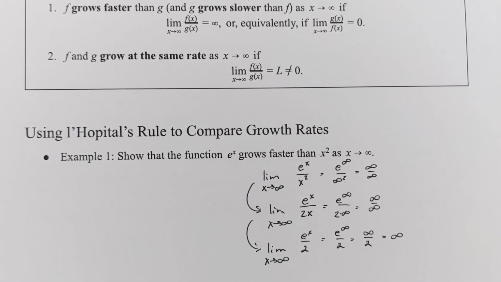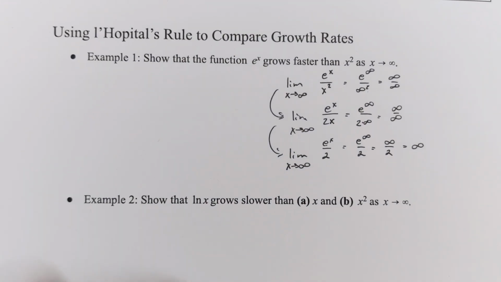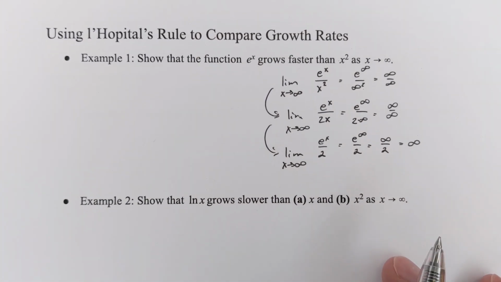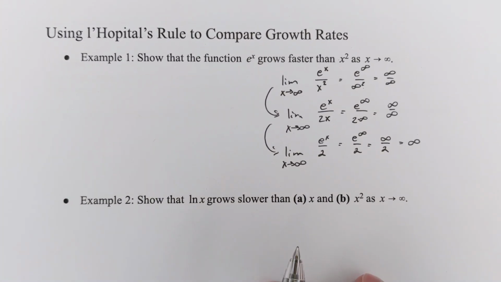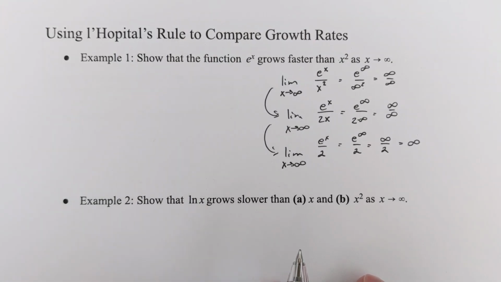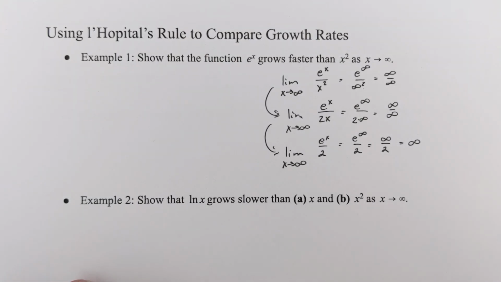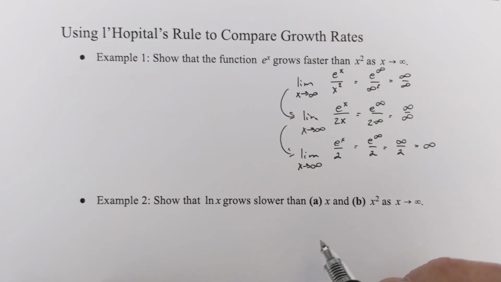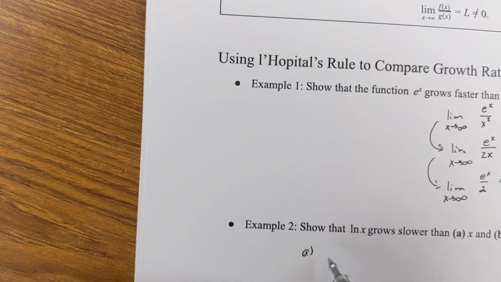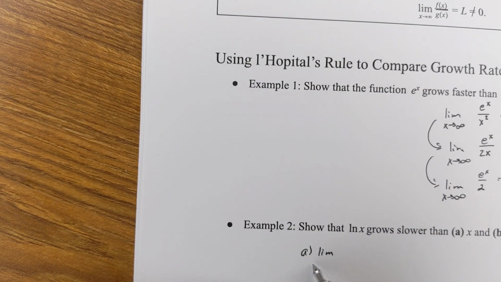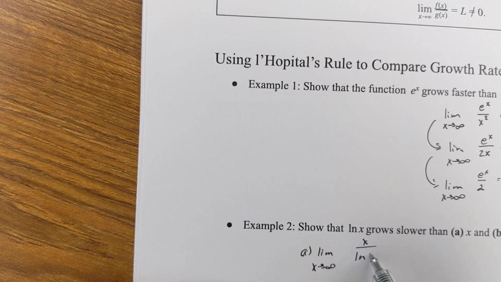Okay, so show that ln x grows slower than x and x squared. So that means that if we put ln x on the bottom, we should get 0. So for part A, the limit as x approaches infinity of x over ln x.